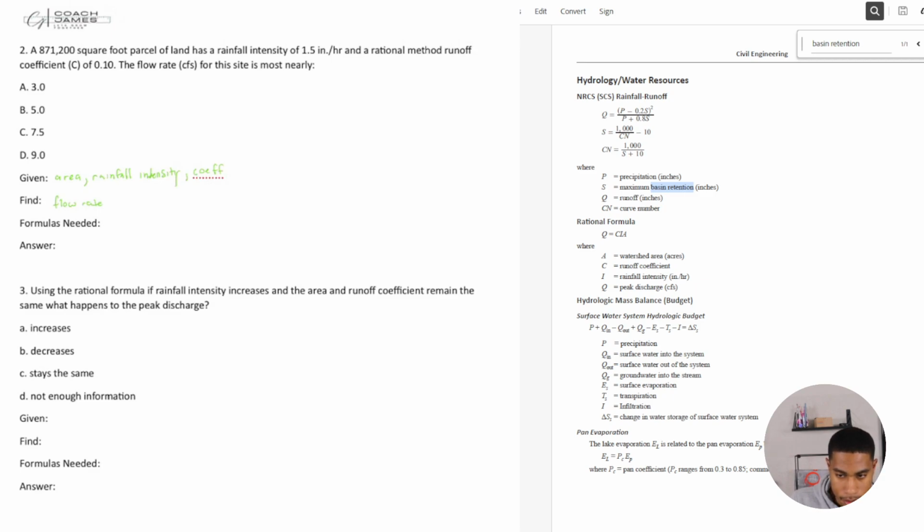So what formulas might I need? Well, I think we're already in the right section, right? I would start with the rational method, rational formula, which is going to be here. Q is the peak discharge or the flow.